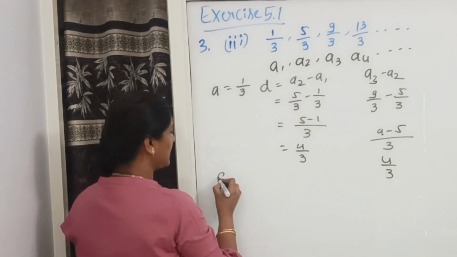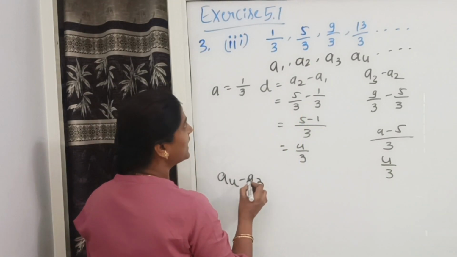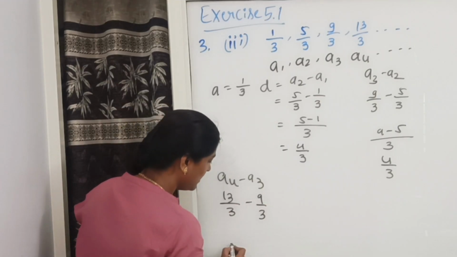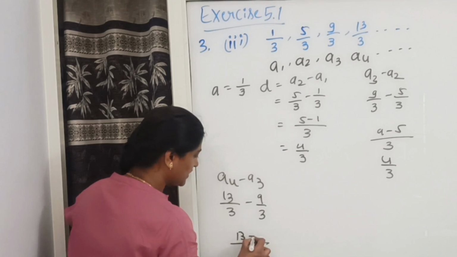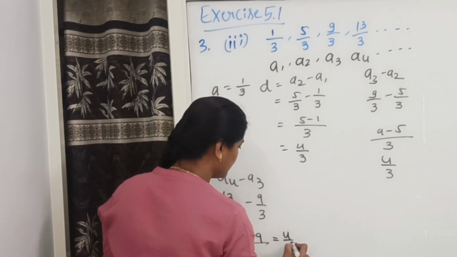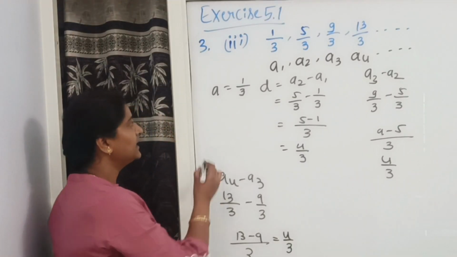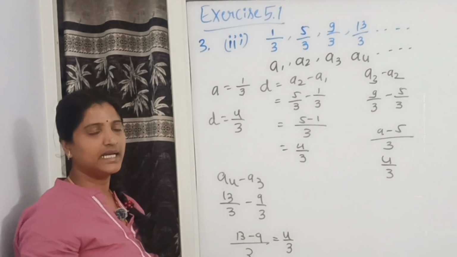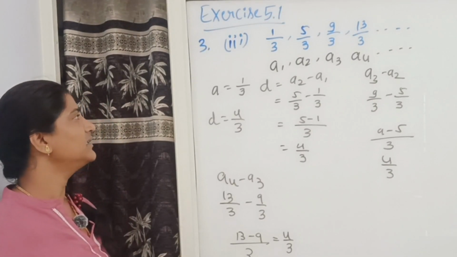Next, A4 minus A3: 13 upon 3 minus 9 upon 3, the denominator is 3, so 13 minus 9 is nothing but 4 by 3. Clear? So the common difference is 4 by 3. We need to mention D also. So this is about the third one.